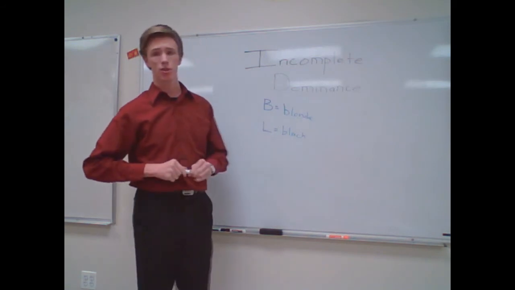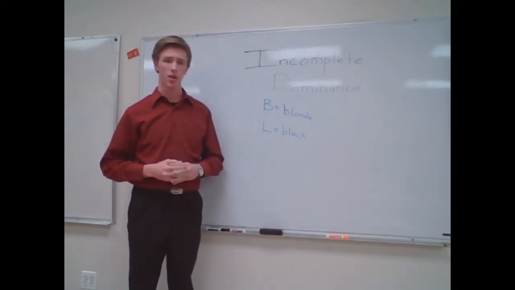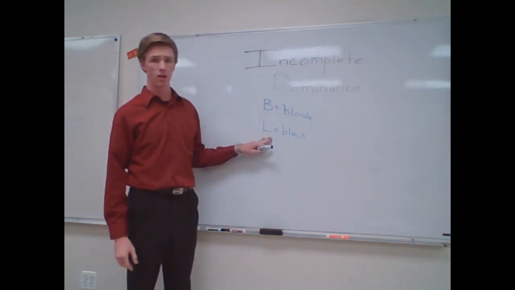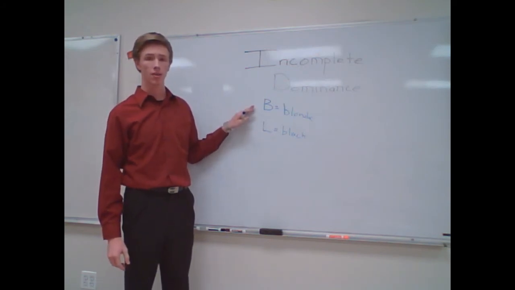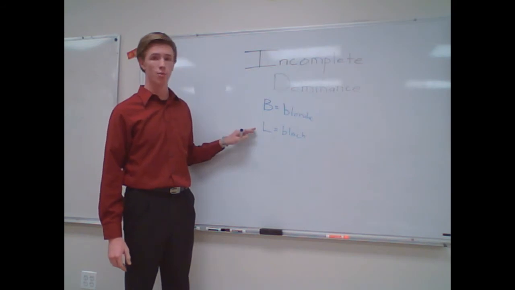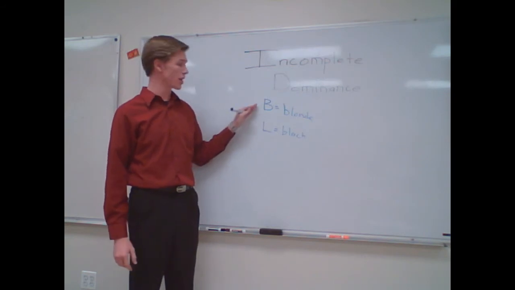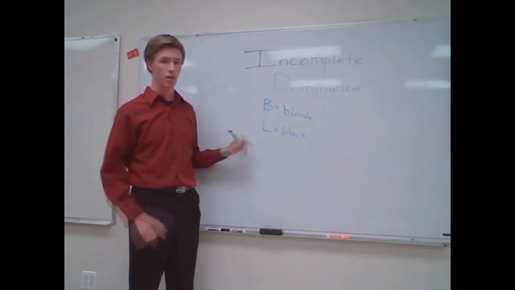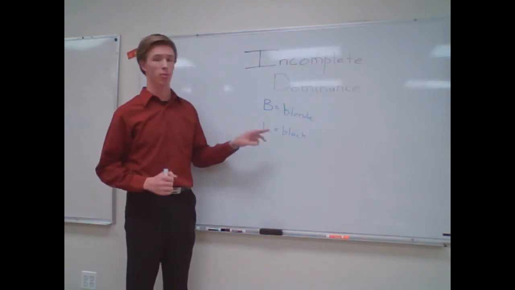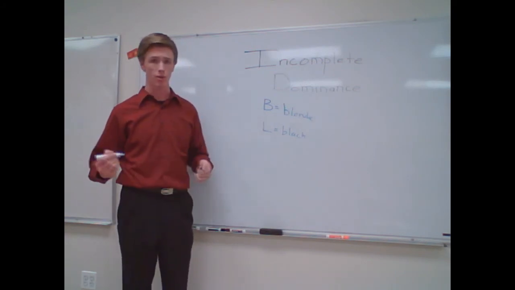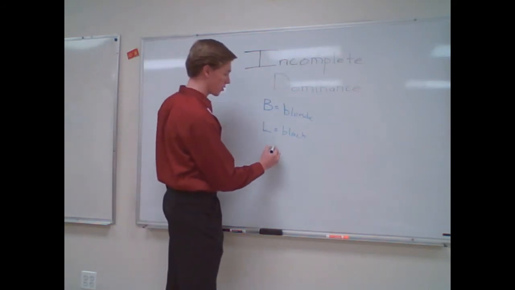What I want you to do on your page of notes is a Punnett square of a homozygous black hair person and a homozygous blonde hair person. The difference will be that when it's heterozygous, it will be brown, or a mixture between the two.